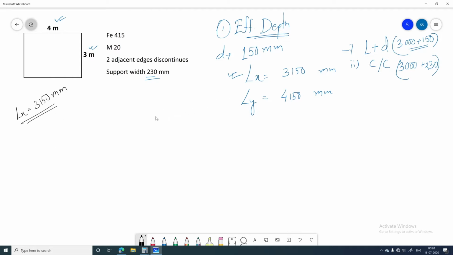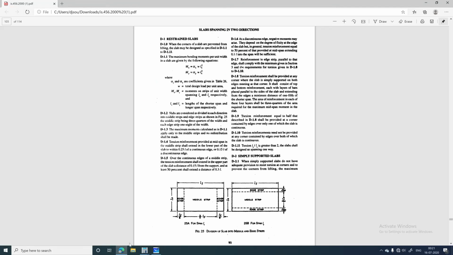Now let's see what is the span by depth ratio as per IS 456 2000. We have also done this similar thing in the case of one way slab design. So the span is 3150, and d we need to determine as per IS 456 2000. There is some ratio given in the code, so let's see what the values are.